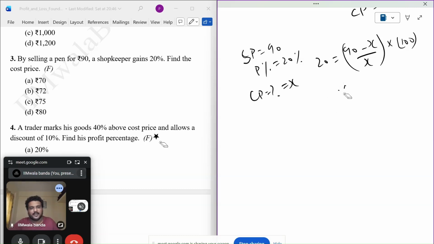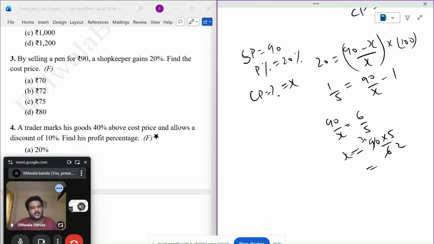So 1 by 5, and this is 90 by X minus 1, right? 90 by X is equal to 1 plus 1 by 5 or 6 by 5, and X will be cross multiplied. X will go there, 5 will come here, and 6 will come down. So 90 into 5 by 6, or 2 3s are 6, 15, 15 5s are 75. So X is 75.